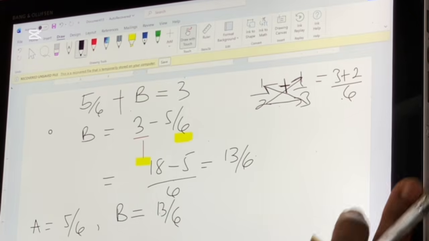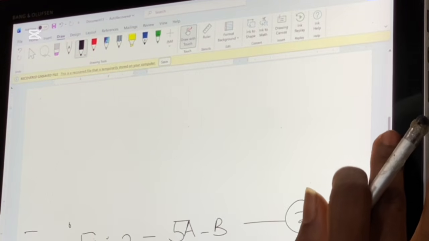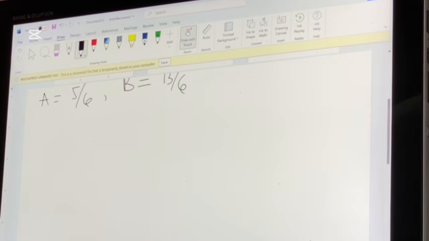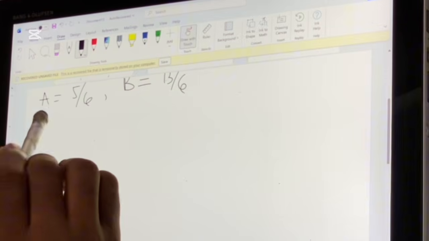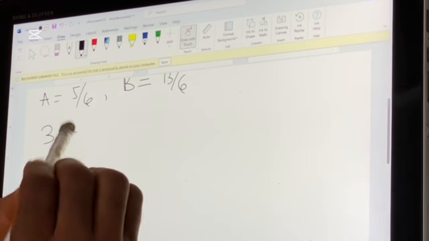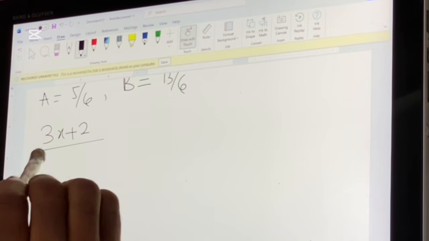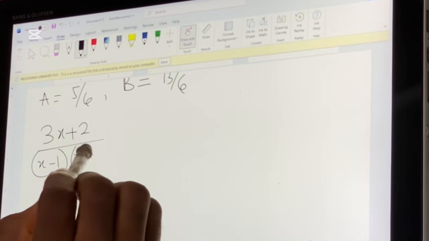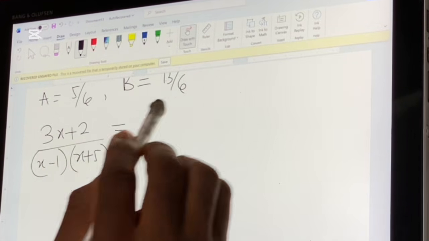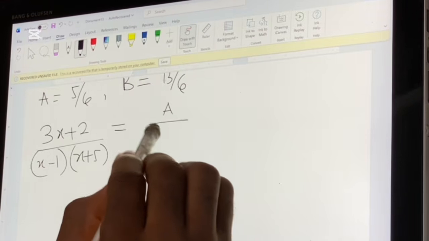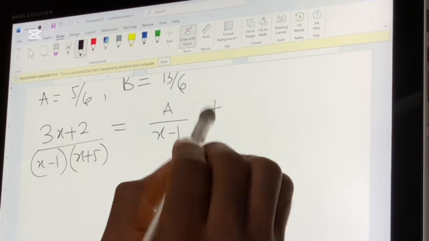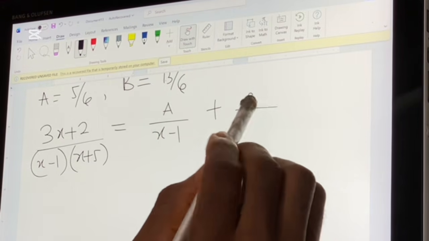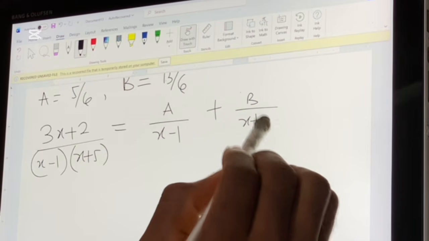So how do we do that? Remember that we said that (3s plus 2) over (s minus 1)(s plus 5) is equal to A over s minus 1 plus B over s plus 5.